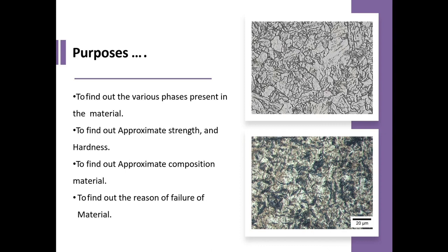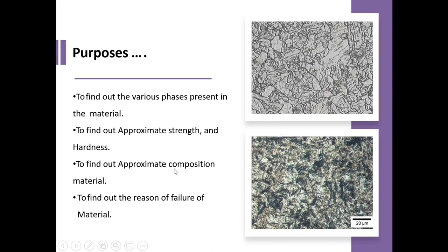So that may lead to various phases present in the material. To find out approximate strength and hardness, you may get an idea about the approximate strength and hardness, because as we process a material, that means when we heat treat a material, its strength and hardness change. So the heat treatment process leads to a change in microstructure.